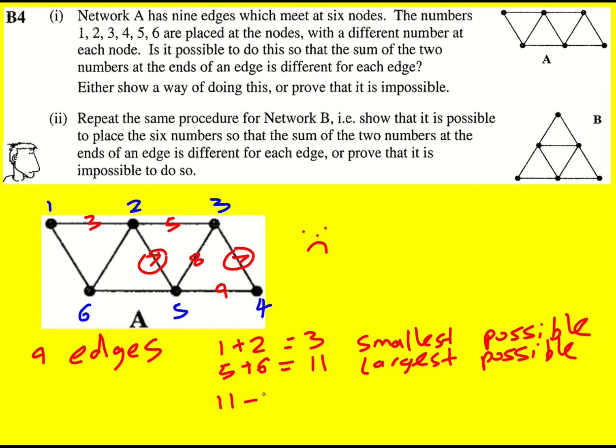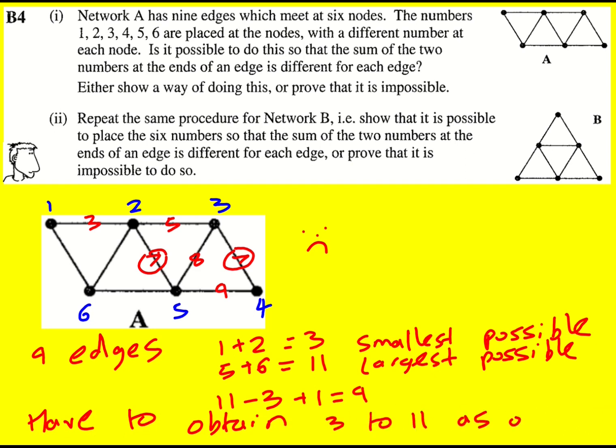You can do 11 minus 3 plus 1, which gives 9. And so we have to obtain 3 to 11 as our edges. Because it's not possible to get 12, it's not possible to get 2. If we don't obtain them all, we're going to be repeating one of them, basically.